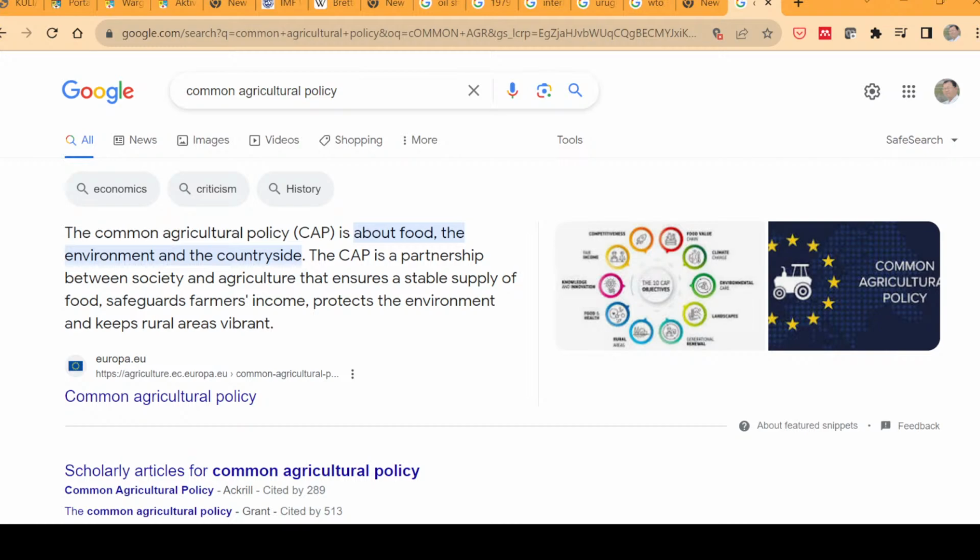So, what's the difference? GATT, WTO. GATT has to do with only merchandise.